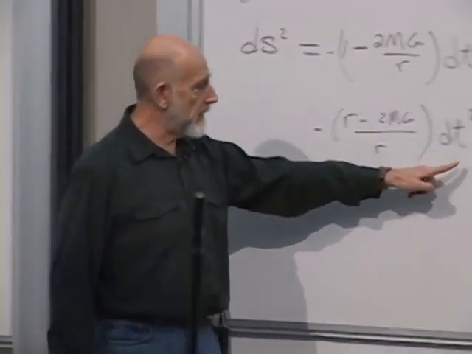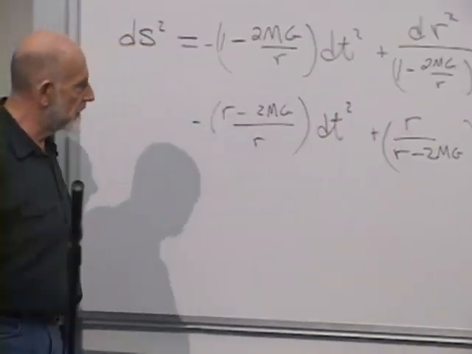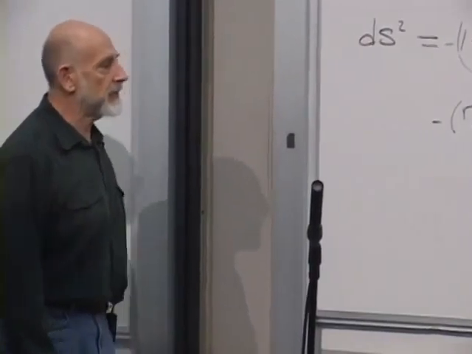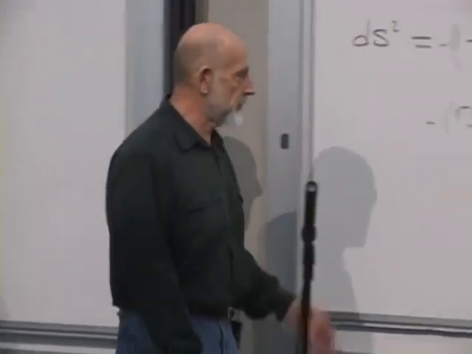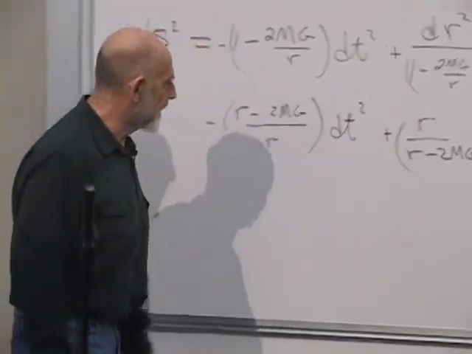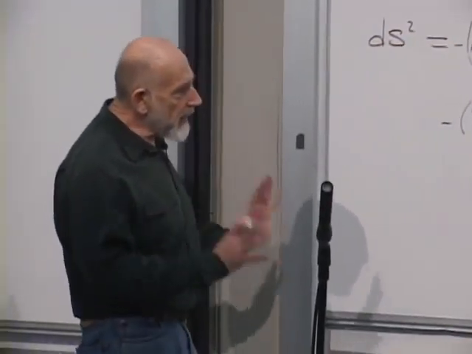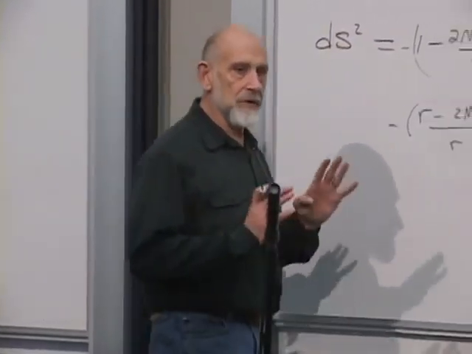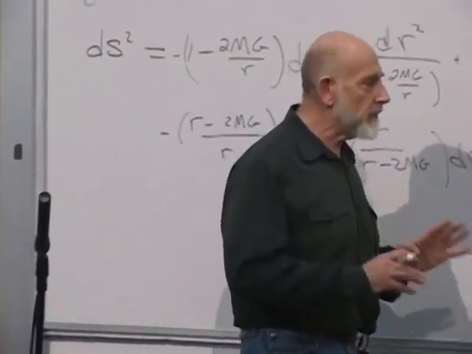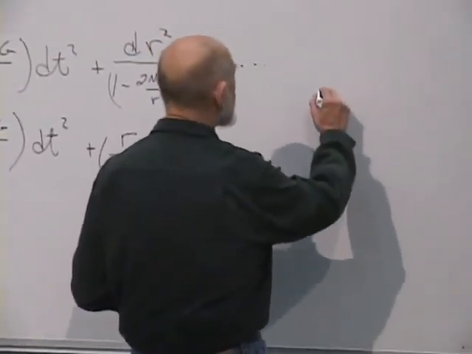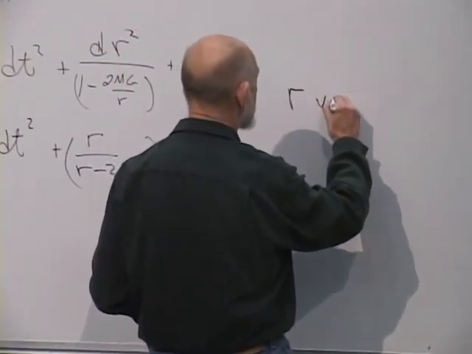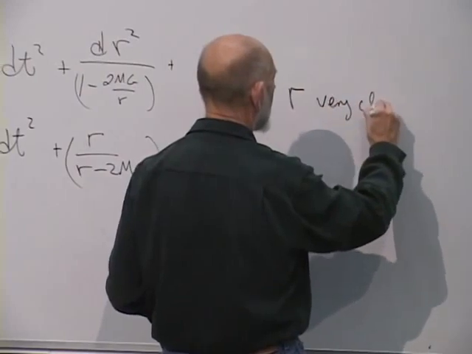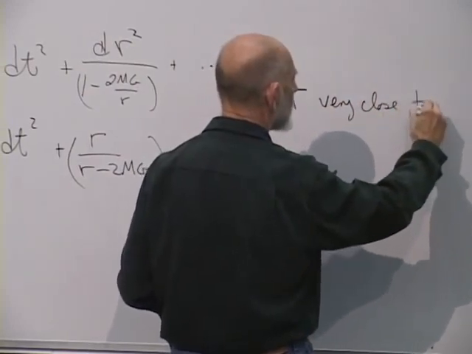This coefficient and this one are inverse to each other. I've done nothing. I've simply rewritten it in a form which is a little neater. Okay, now what I'm interested in is the black hole very near the horizon. In other words, r very close to 2mg.